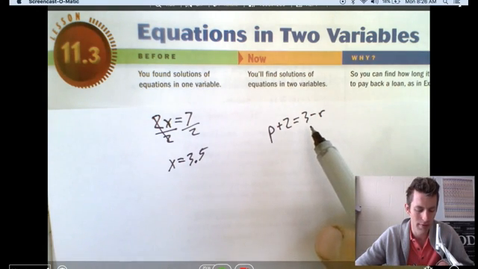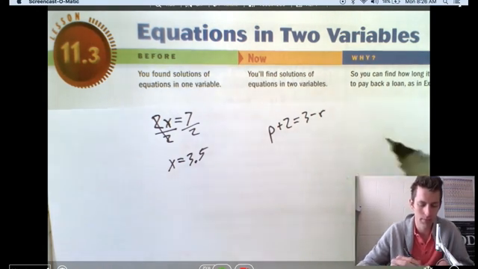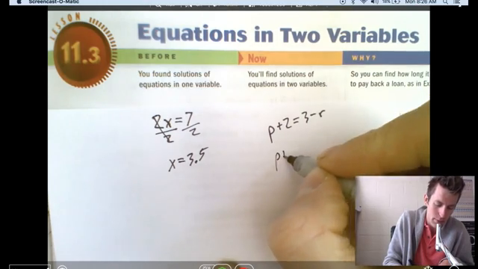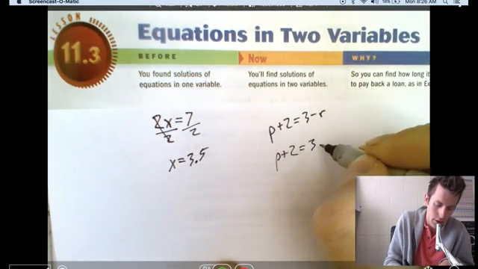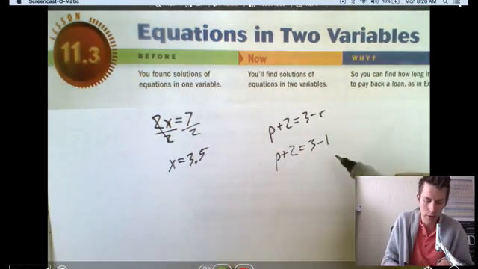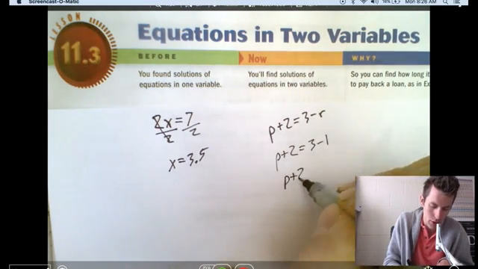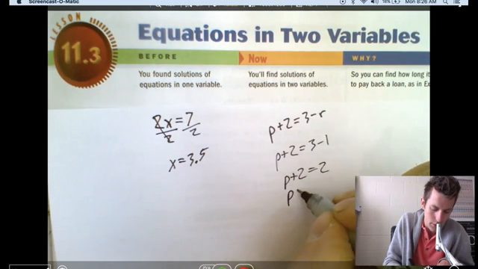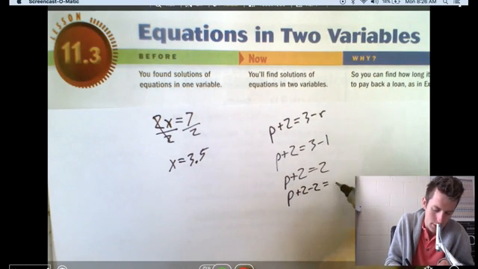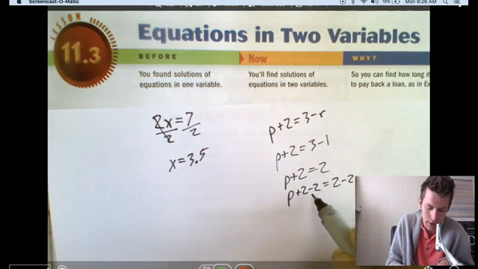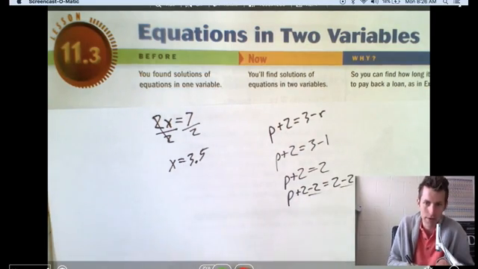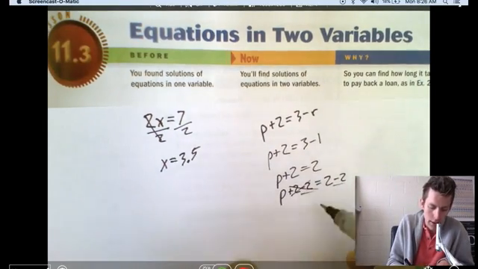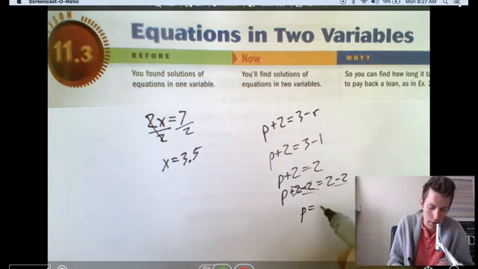But here, if I put a 1 in for r, let's see what happens. p plus 2 equals 3 minus 1. 3 minus 1 is 2. I've got a plus 2 over here, so I'm going to subtract 2 from both sides. And so those cancel out. p equals, what's 2 minus 2? 0.